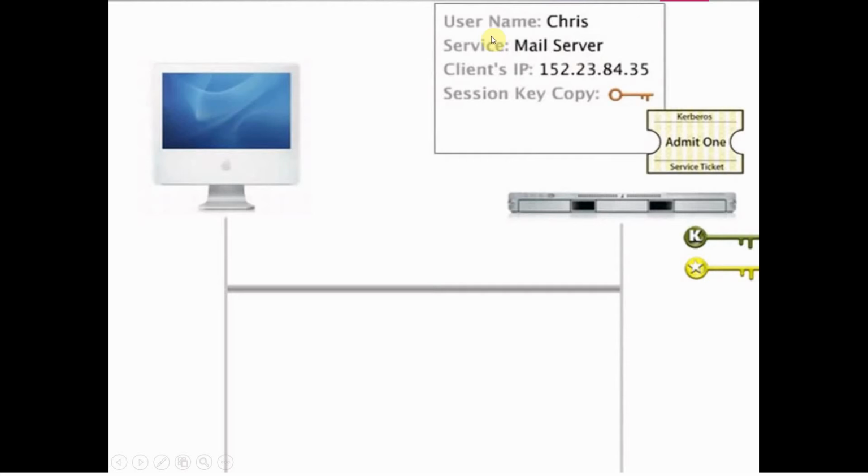The service ticket contains username, service name, client IP, and session key copy. If you note right here, it's a different session key from the one we used before. This is because the session key has changed.